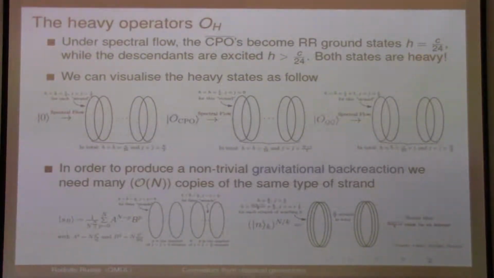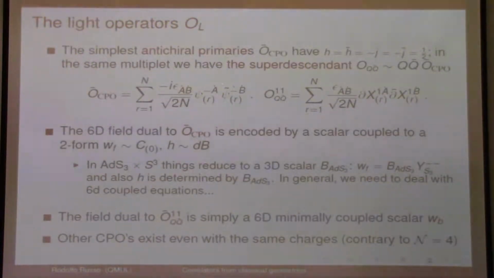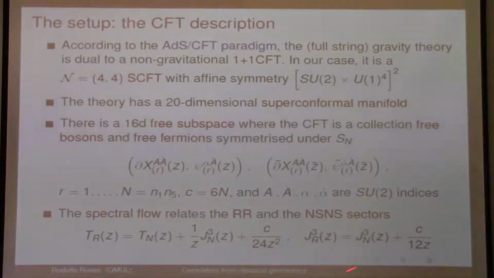Right, so in order to go to the Ramond sector, the standard way is to perform a spectral flow transformation, which is an isomorphism of the algebra and also of the Hilbert space of states in the Neveu-Schwarz sector to the states in the Ramond sector.